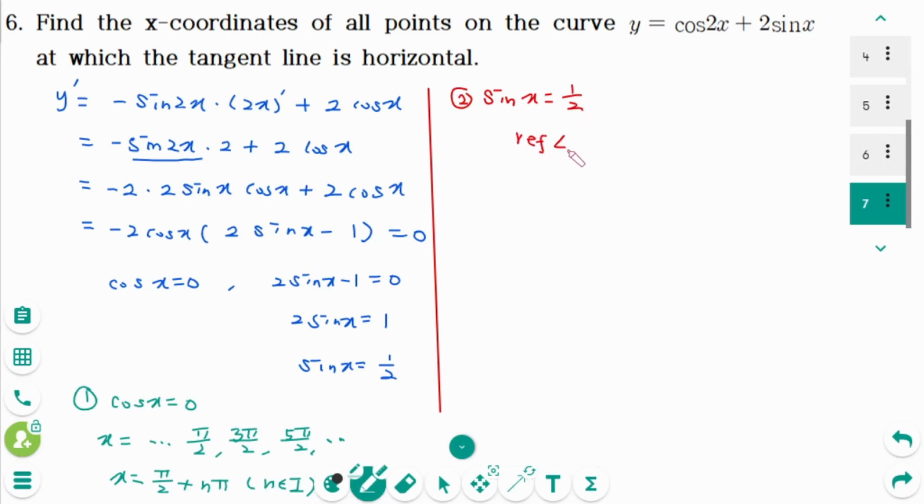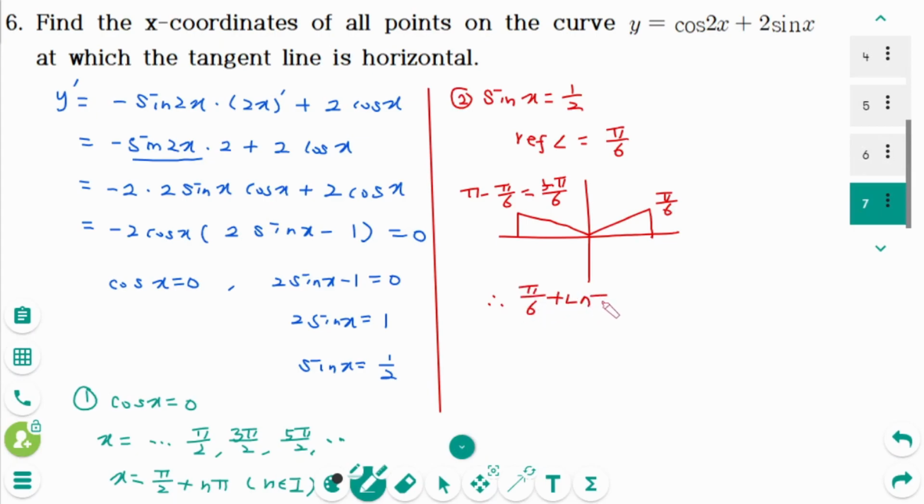Then reference angle is pi over 6. In quadrant 1 and 2, the first one is pi over 6. Then the second one is pi minus pi over 6, which is 5 pi over 6. So pi over 6 plus 2n pi, or 5 pi over 6 plus 2n pi.